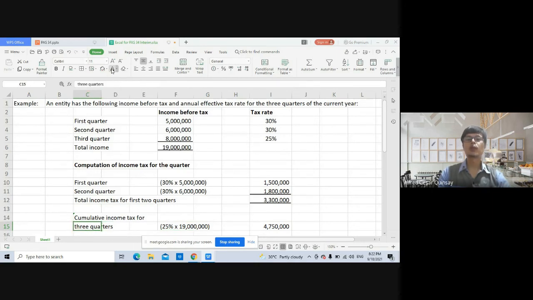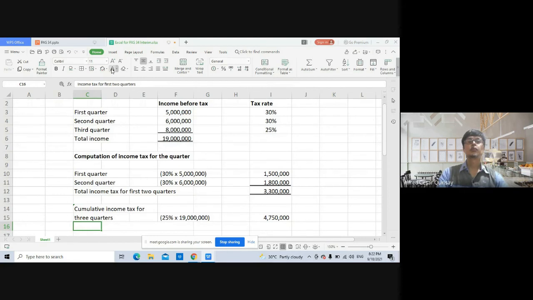However, we have already computed the income tax for the first 2 quarters, so we now deduct that. The first two quarters used the 30% rate, which is 3.3 million, the amount that we computed above.